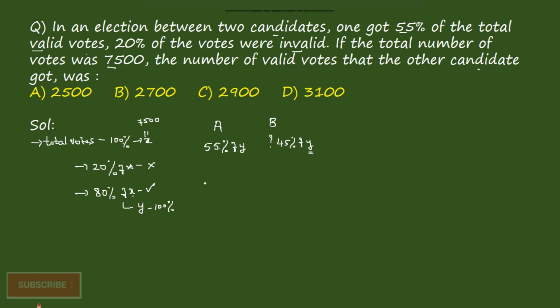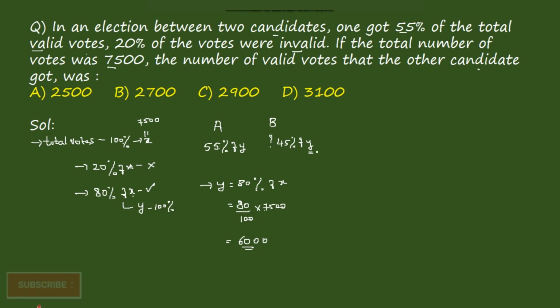So we first find the value of Y. Y is nothing but 80% of X, which is equal to nothing but 80 by 100 into 7,500, right? These two zeros and these two get cancelled, which is equal to nothing but 8 into 75, just multiply it, okay? 8 times 75 is 600, so the value is 6,000.